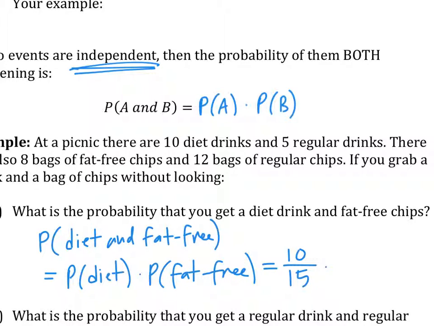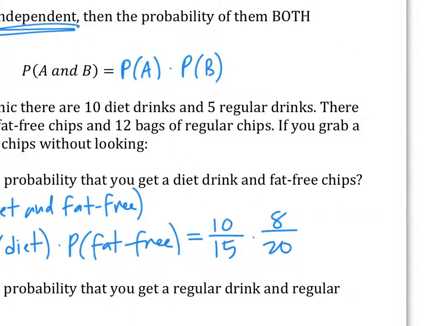Okay, so what's the probability of picking a fat-free chip? 8 out of 20. Okay, so now we're just going to calculate this or simplify it. So the answer is 4 out of 15, or about 27%.